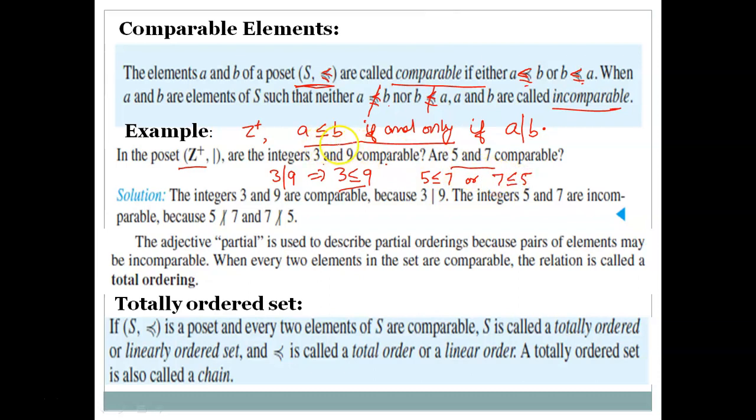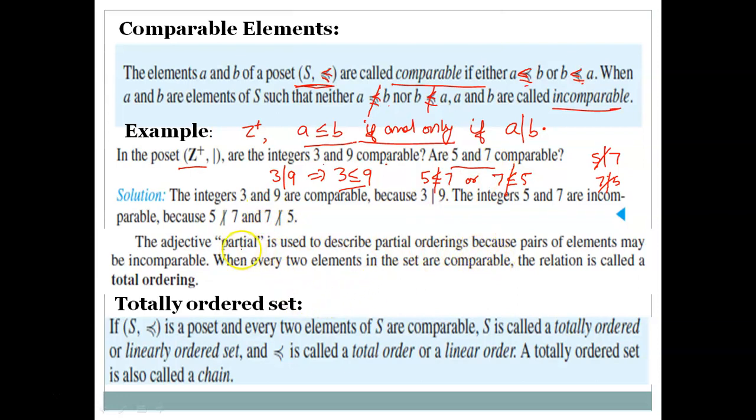But according to the definition of the relation in this case, if I write 5 less than equal to 7, the meaning of this is 5 divides 7. This is not true. Now if I write 7 less than equal to 5, the meaning of this will be 7 divides 5. Again, this is not true. So both the situations are not valid in view of this relation. Therefore, 5 is not less than equal to 7, and 7 is not less than equal to 5. Therefore, 5 and 7 are not comparable elements. So that is the solution given here.